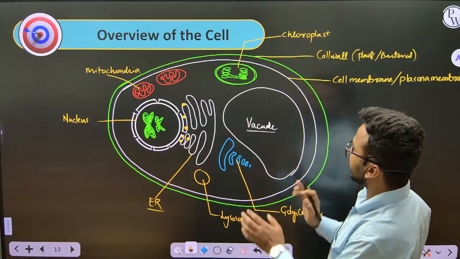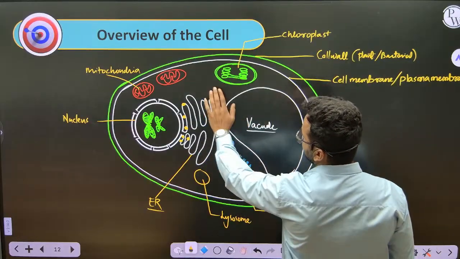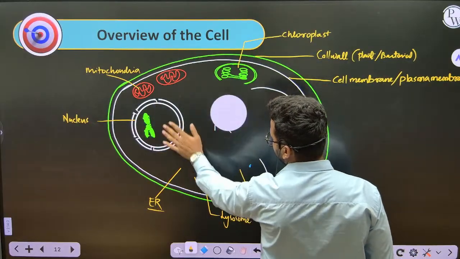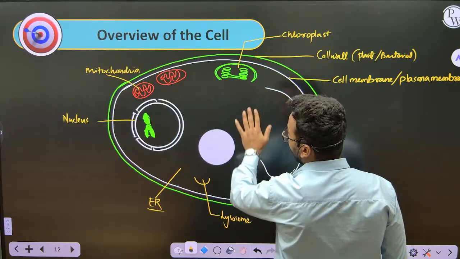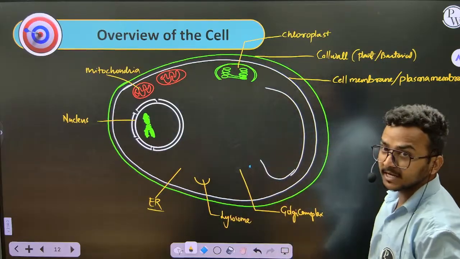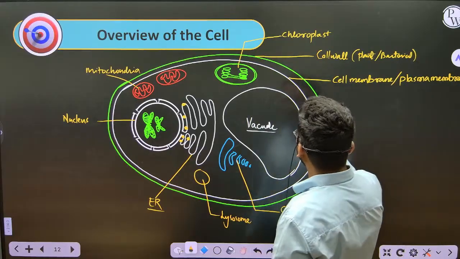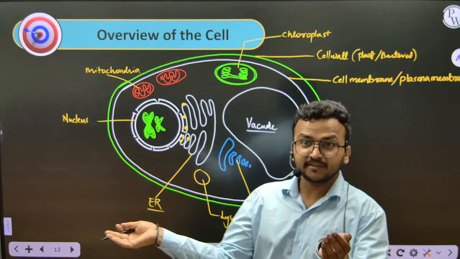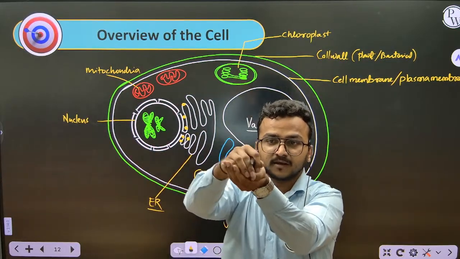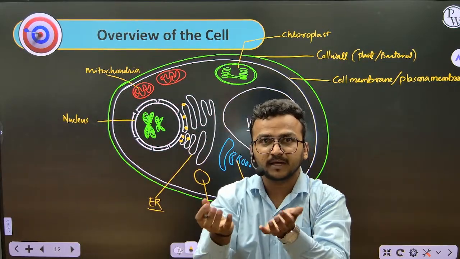And before this I said the space which is present inside this whole cell, all the cell organelles are present within that. That space, what do we call? That space we call cytoplasm. If nothing is there, it is just filled with some chemical. That is cytoplasm.